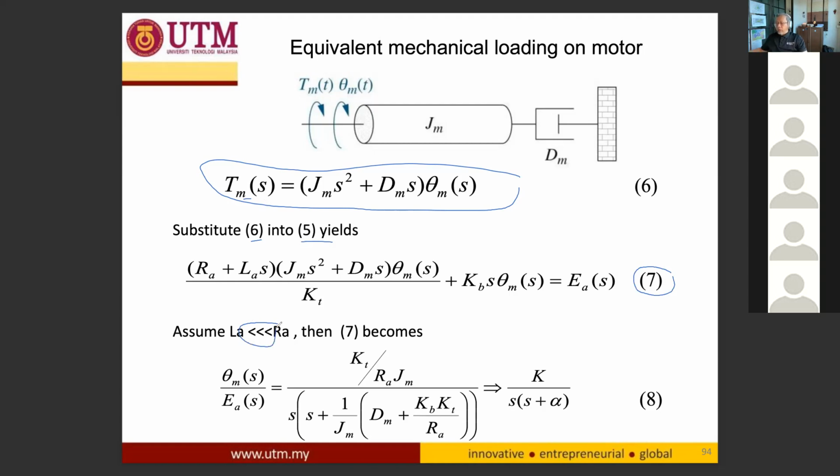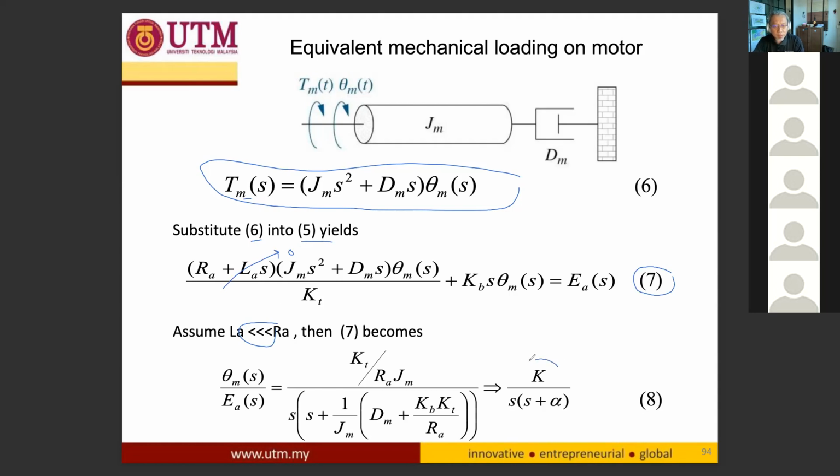That's why we can ignore the value of La. When La is equal to 0, this term is 0, so this equation can be simplified.